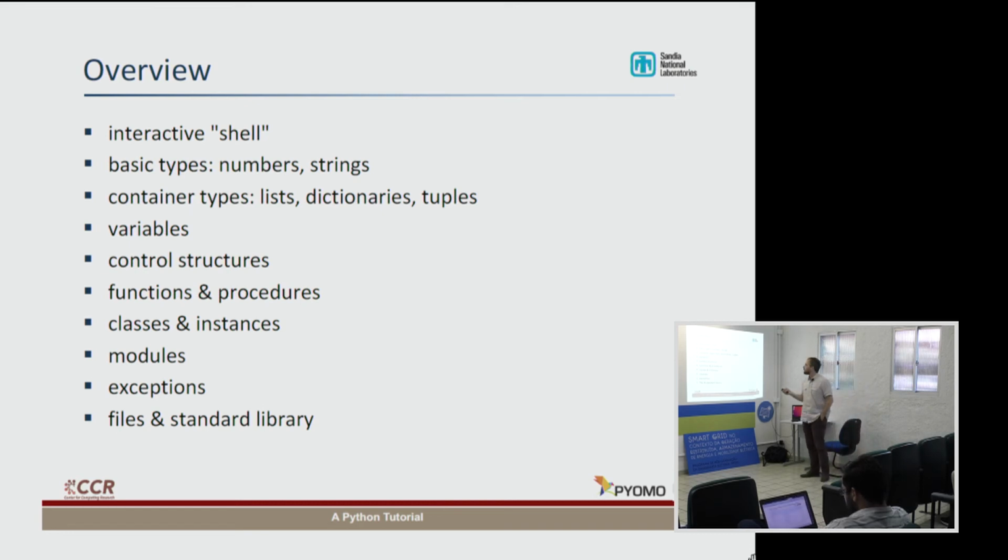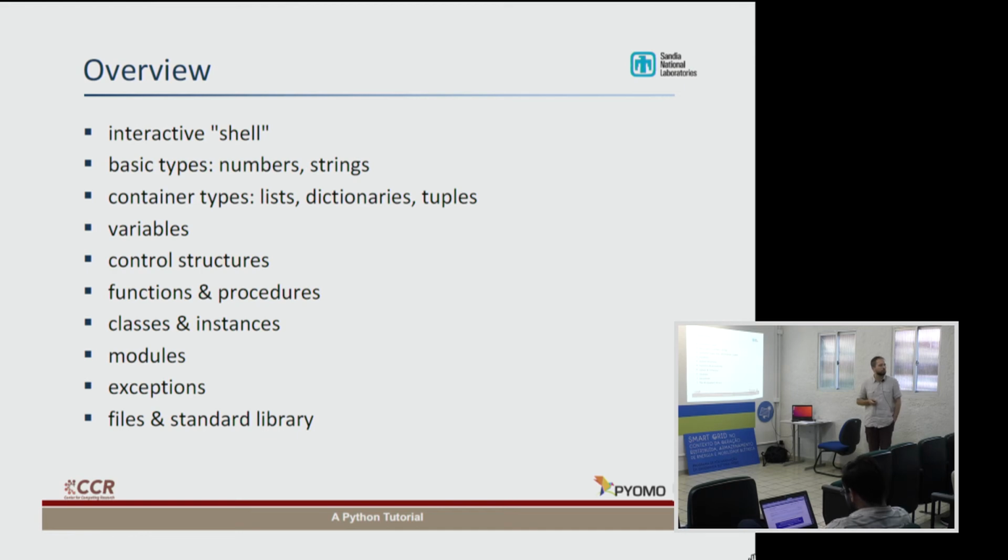The basic types are the numbers, so floats, integers, strings, etc. And you have the containers. Containers in MATLAB, for instance, when you use brackets, it's a tuple. It's actually the same in Python. You can use dictionaries. I don't know if MATLAB has dictionaries. Yes or no?